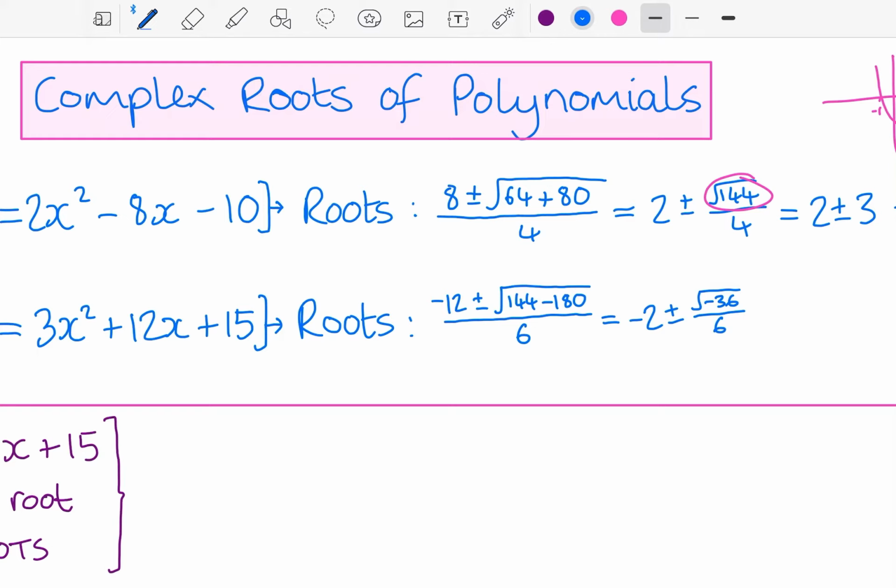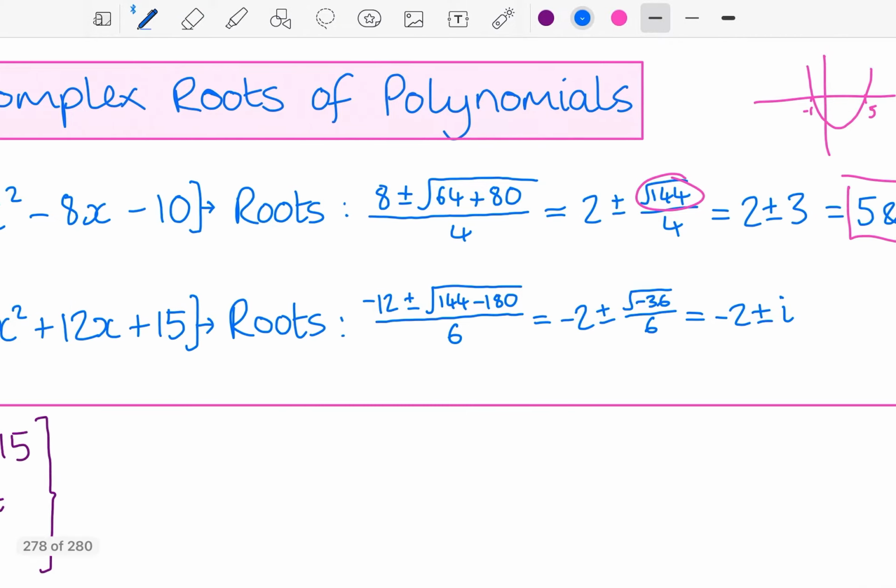And, well, negative 36, root of negative 36 is, you can see it as root 36 times root of -1, which is 6i. And 6i over 6 is i, so you'll have -2 plus or minus i. So -2 plus i is one of your roots, and -2 minus i is your other one.